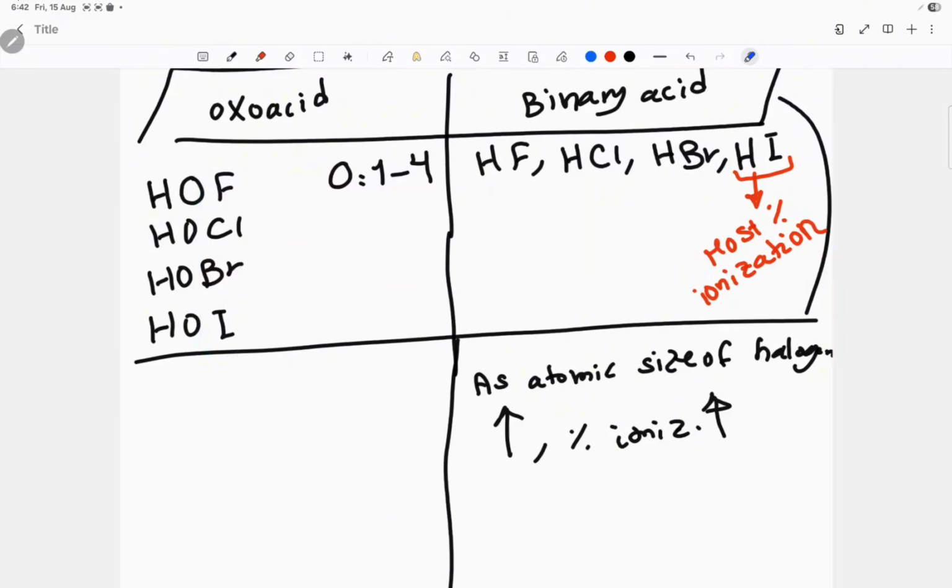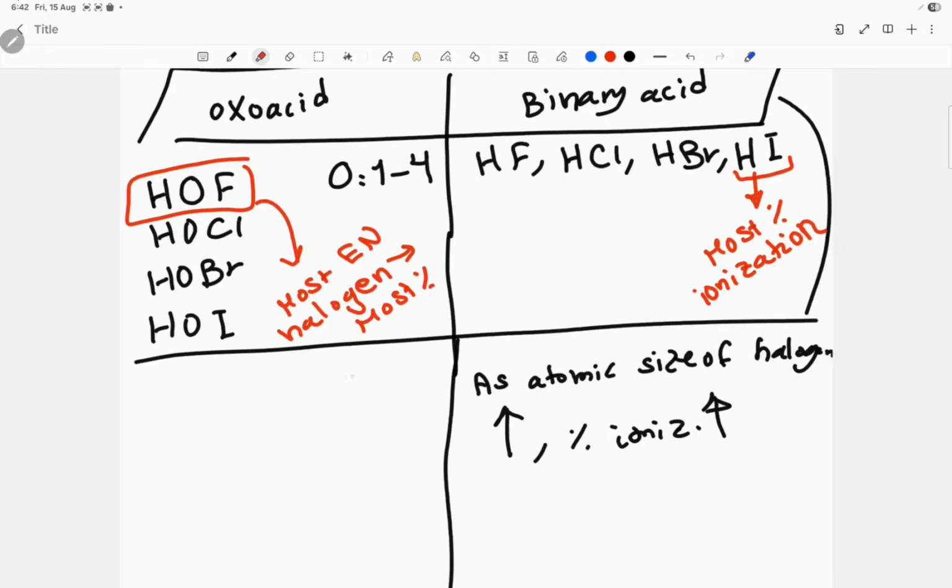It would be F. F would be the most electronegative, which means HOF will be the strongest. So in the case of the oxoacid, the one with the most electronegative halogen will be the one with the most percent ionization.